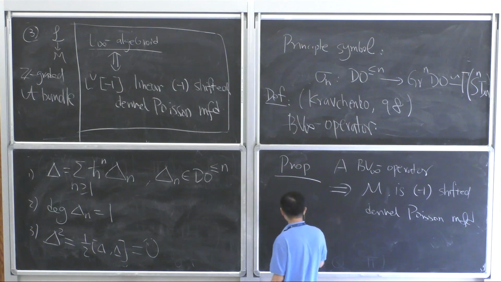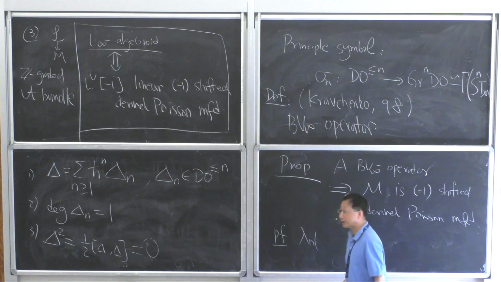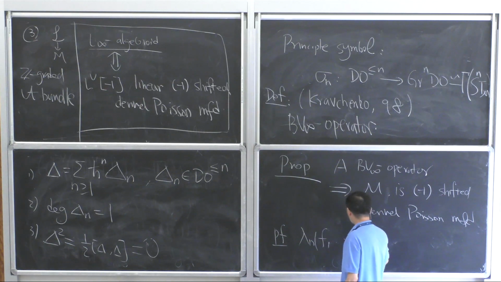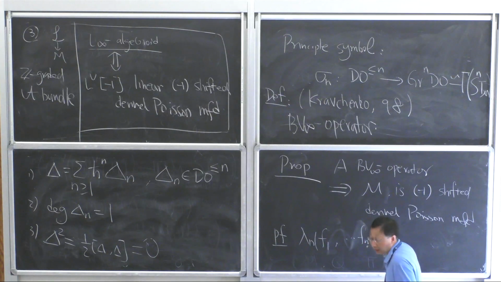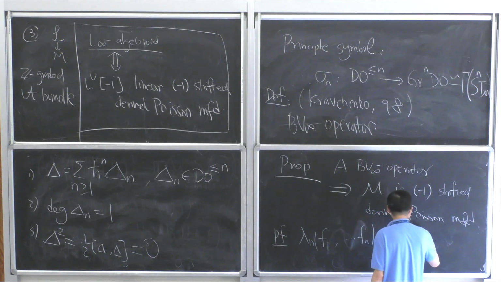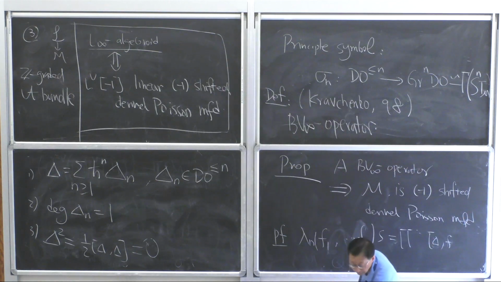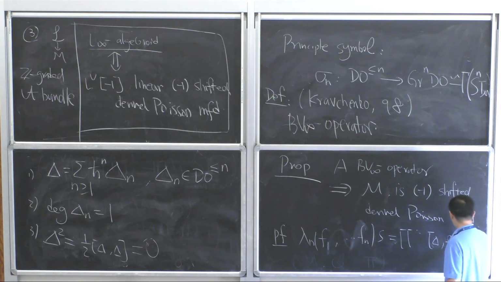So the proof is, what is the lambda n? Lambda n, you need n functions, right? And for each n functions, in fact, this is just you take the commutator of delta and f, up to, you take it n times.